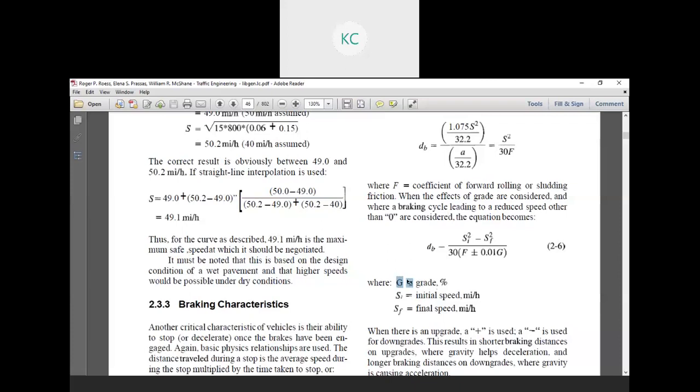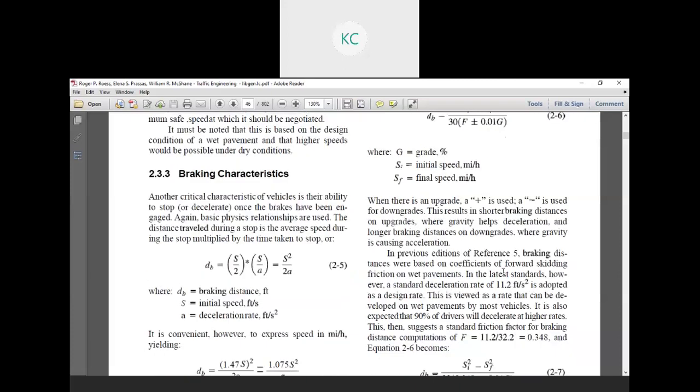So when a vehicle is moving on a downgrade and we are discussing not making the speed zero but something more than that, the braking distance equation is formulated as dv is equal to si square minus sf square upon 30 into f plus or minus 0.01 g.